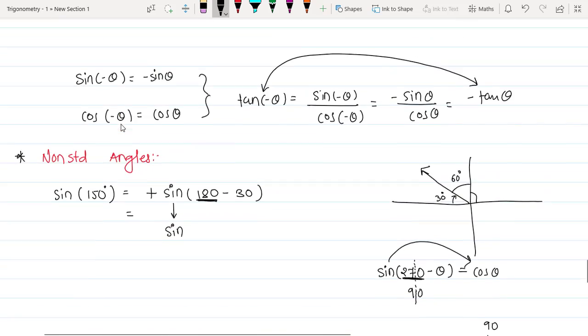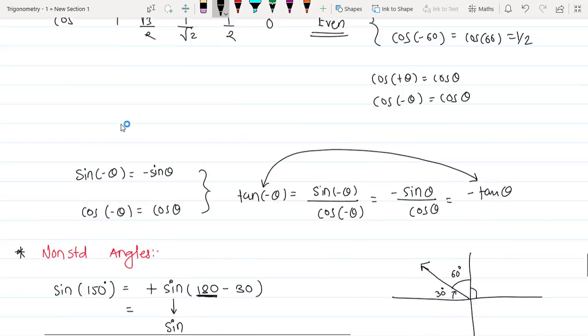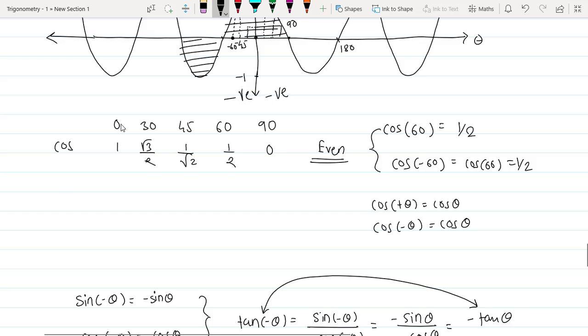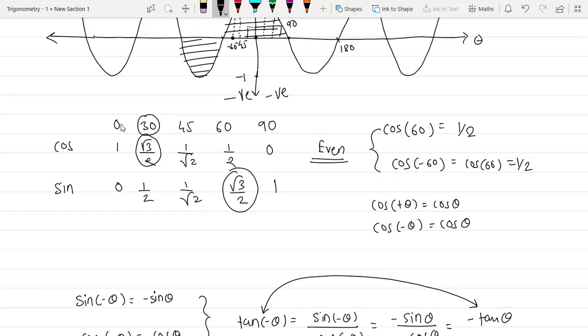See here in this table, this is for cos and this is for sine. So what is the table of sine? It is 0, 1 by 2, 1 by root 2, root 3 by 2 and we have 1. The cos of the 30 degree angle, that is root 3 by 2, is the sin of the 60 degree angle.